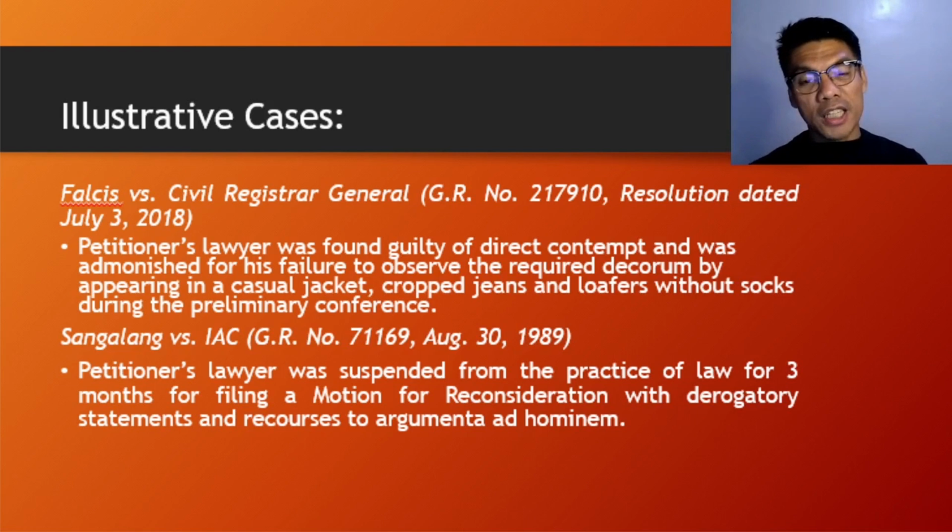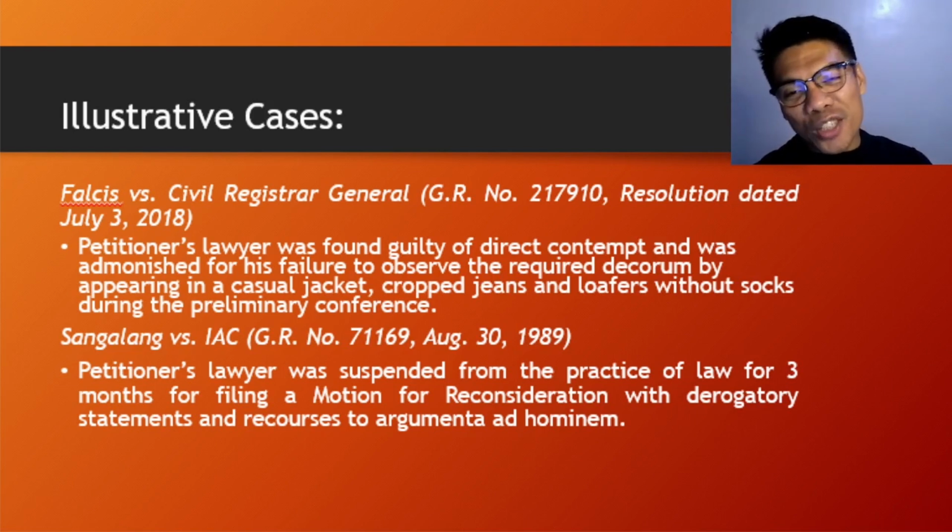So in Falsis versus Civil Registrar General, which of course is a very celebrated case because it sought to declare unconstitutional Article 1 of the Family Code, which limits marriage only to a man and a woman. But we are citing this case because of a very interesting incident.